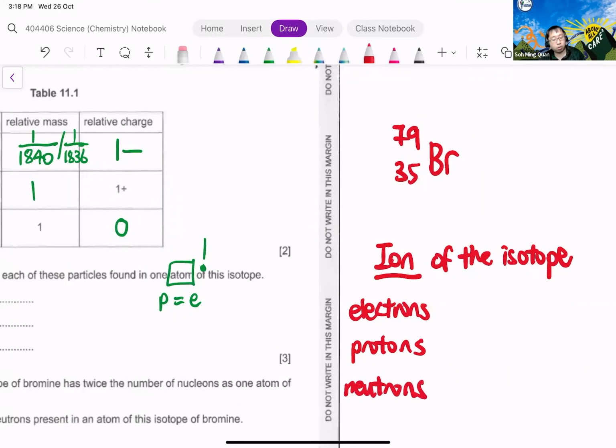So now you're going to think, okay, what is ion? Ion means there's charge. It's formed by the loss or gain of electrons. So you're going to think, bromine. Bromine, does it lose or does it gain valence electrons?